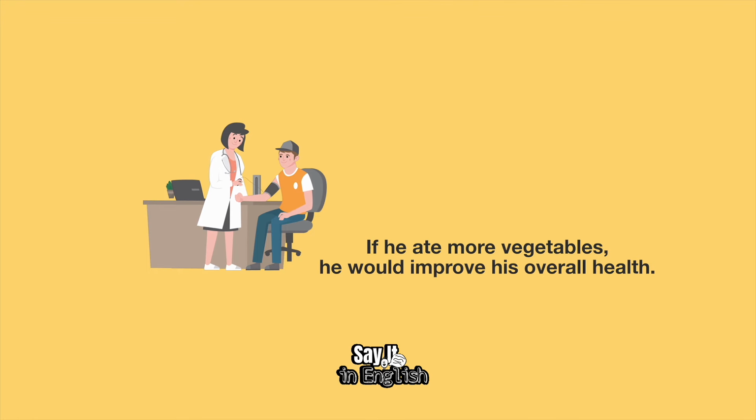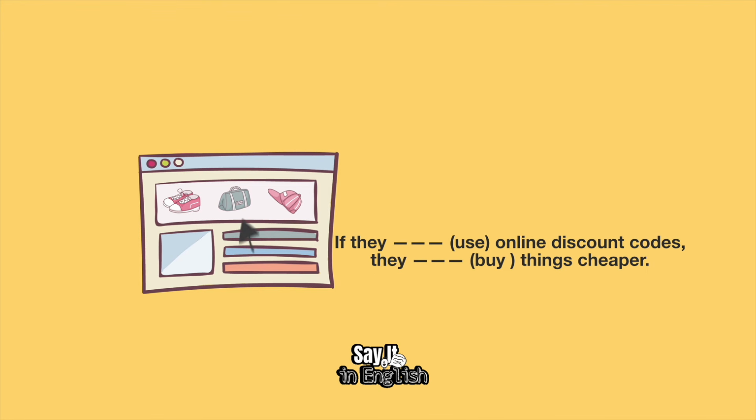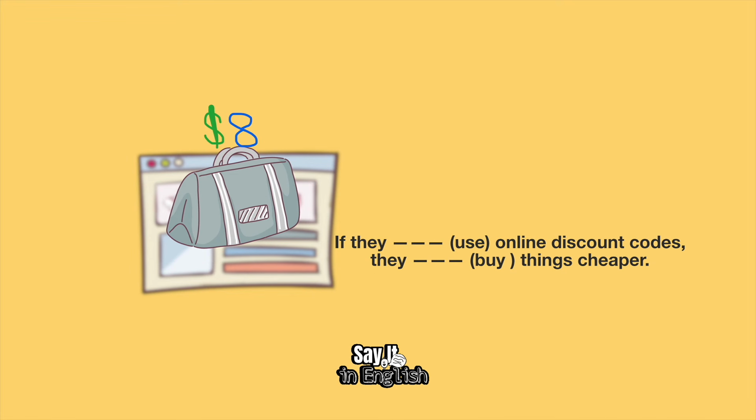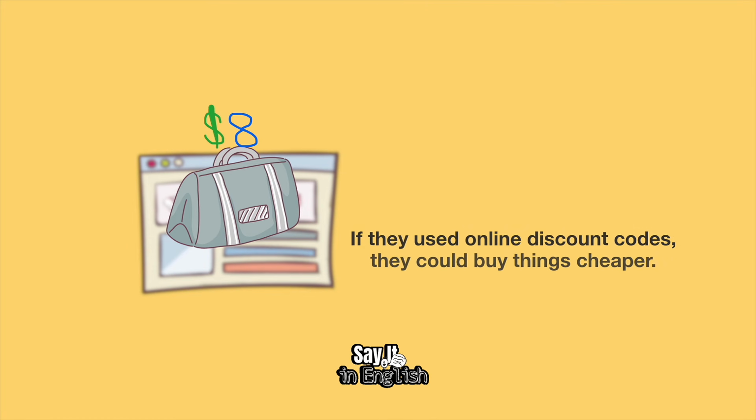If he ate more vegetables, he would improve his overall health. You got it. If they used online discount codes, they could buy things cheaper.